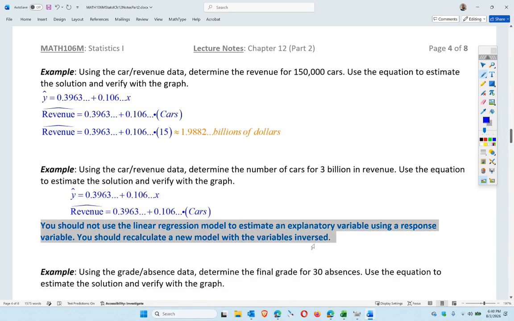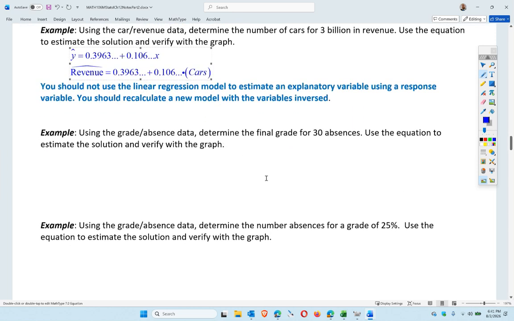What you really should do is just remake the model the other way with the variables inversed. You can do it by plugging in and solving algebraically, but it's not as accurate as if you did it the other way. So you should only use the predictor models by plugging in for the explanatory variable. You shouldn't be plugging in for the response variable, which is what we're trying to do here. You can, but you shouldn't.